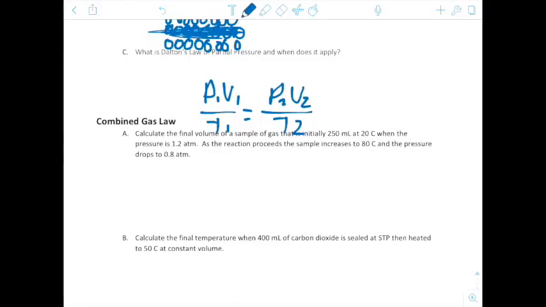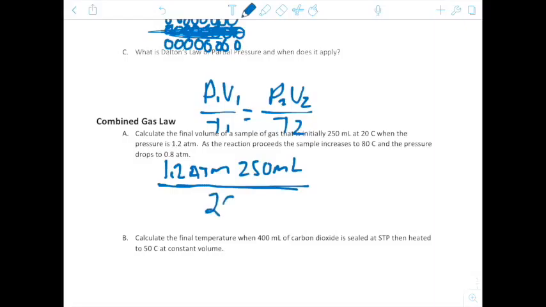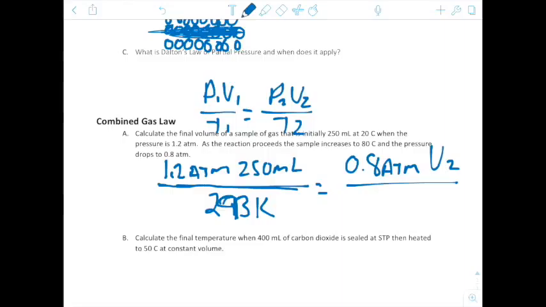So what we would do is we have our initial pressure of 1.2 atmospheres, our initial volume of 250 milliliters, and our initial temperature of 20 degrees Celsius, but we convert that to Kelvin, which would be 293 Kelvin, equals our new pressure, or P2, of 0.8 atmospheres, our V2, which we're solving for, and then our T2, which is 353 Kelvin.